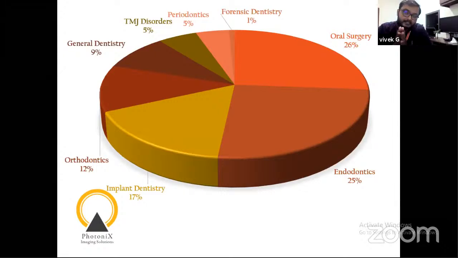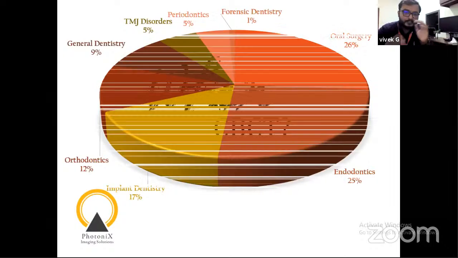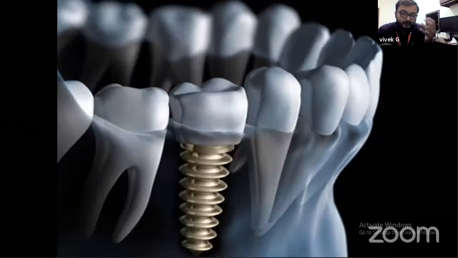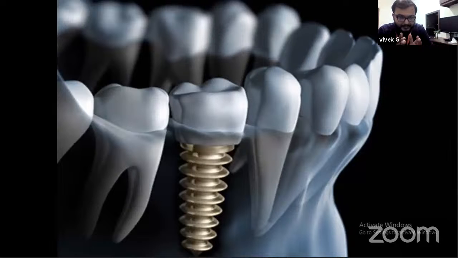But I'll just brush through those things, and I'll let you know how CBCT will help you add on to your 2-dimensional radiography. So I'll start off with when CBCT is required. As you can see from the image here, I'll start off with implants, implant dentistry.